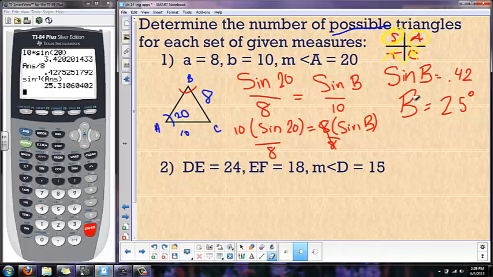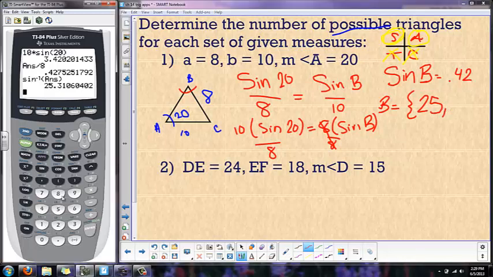Let me write this out so I have a little bit more space. Measure of angle B has 2 answers. Same thing as what you've done before, 25 degrees, and in the second quadrant, 180 minus 25, which is 155. Yep, 155.